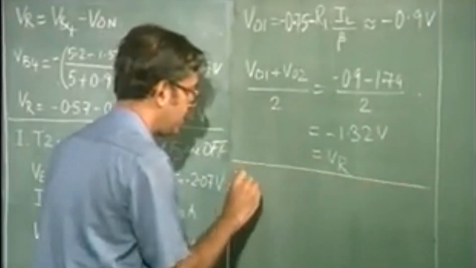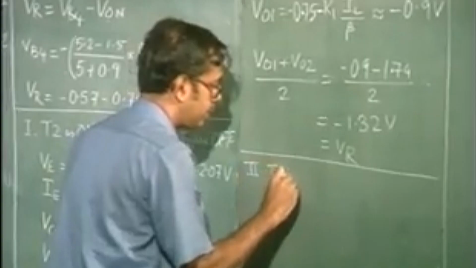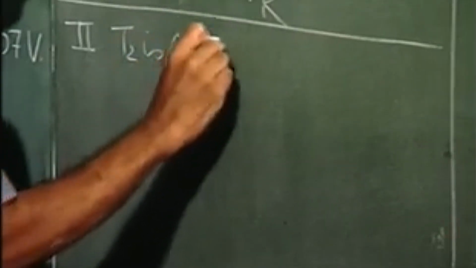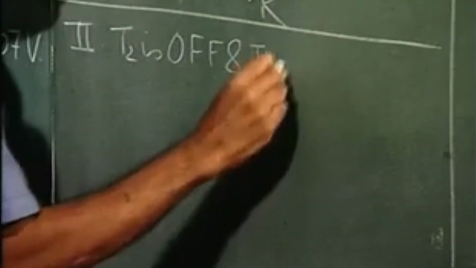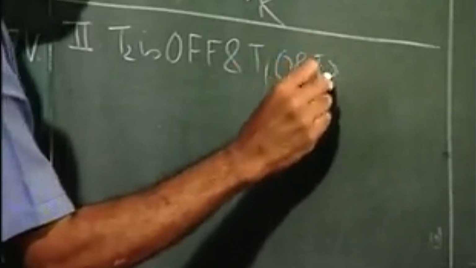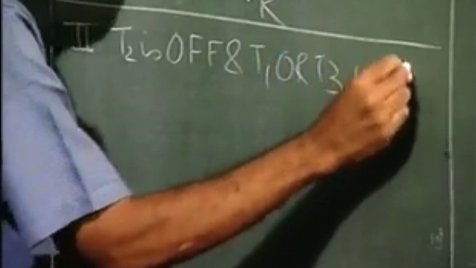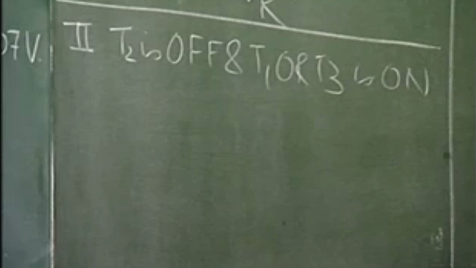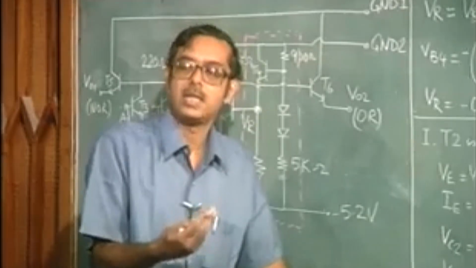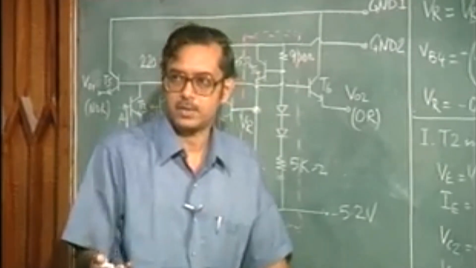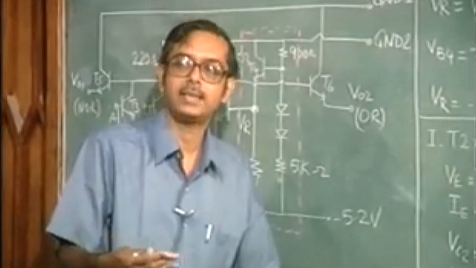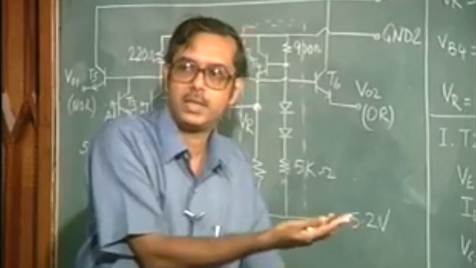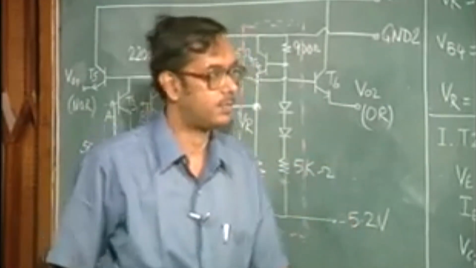That is case 2, T2 is off and T1 or T3 is on. That is, the base voltage for transistors T1 or T3 is greater than the reference voltage, which would mean that either T1 or T3 is on, whereas T2 is off.